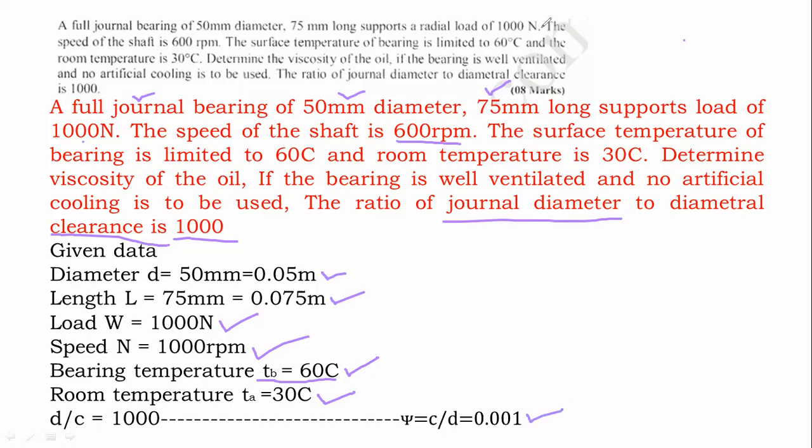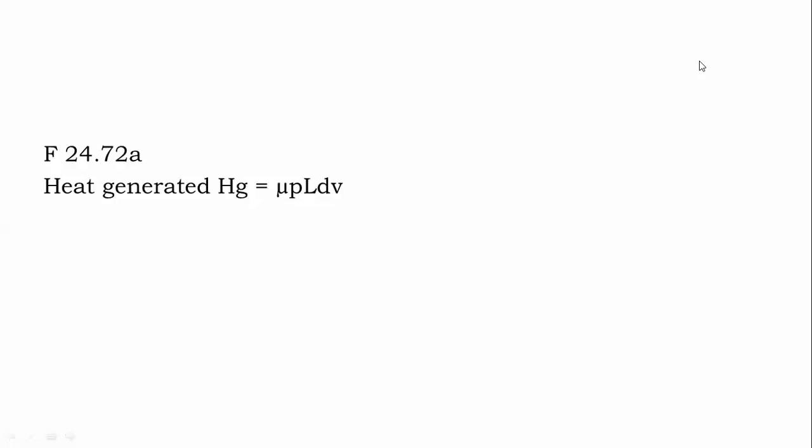So now we move on to how to solve the problem. We need to know one thing here, my dear students. What is that? This formula, 24.72A, is from the Lingaiah data handbook. Heat generated equals coefficient of friction, pressure, length of the bearing, diameter, and velocity. All these things need to be known.